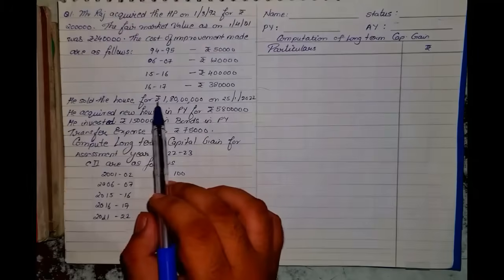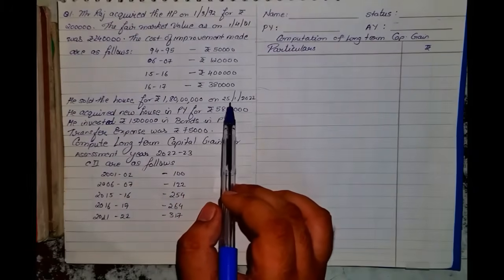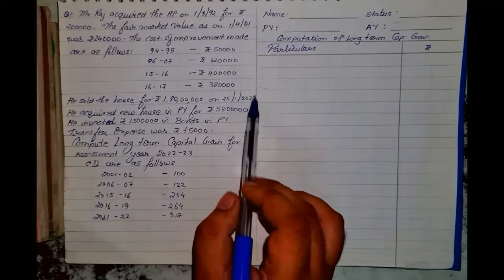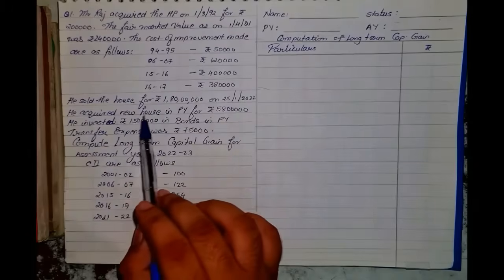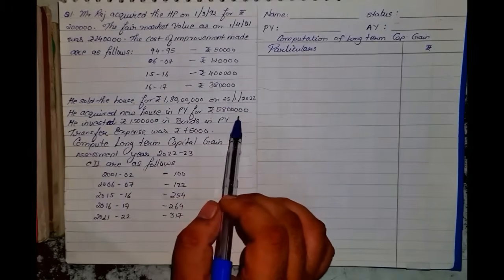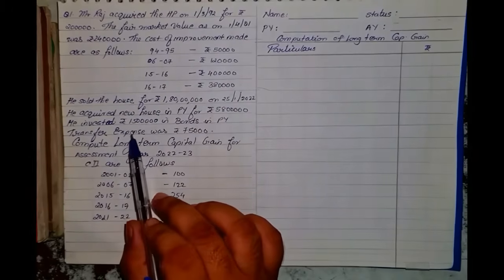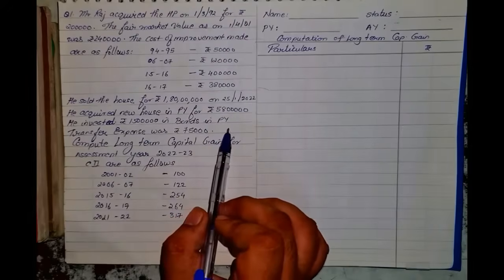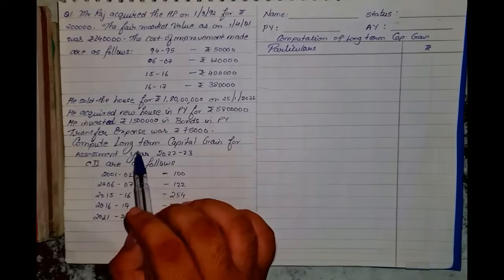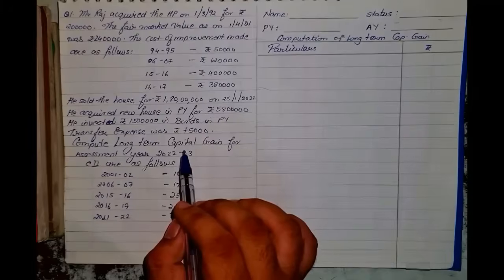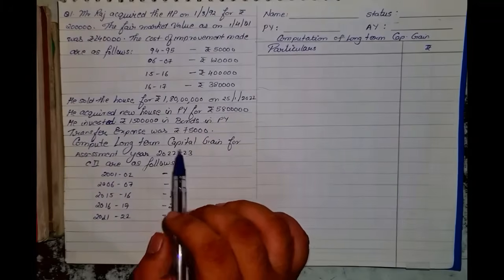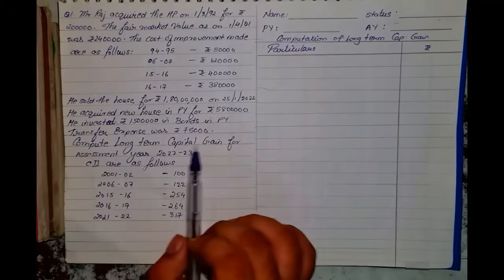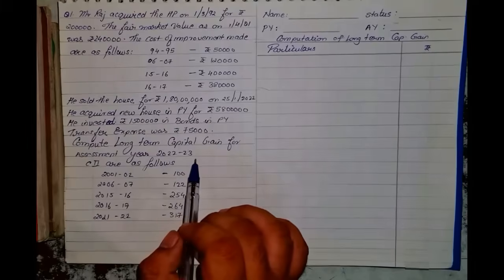He sold the house for 1 crore 80 lakhs on 25th Jan 2022, that is our previous year. He acquired a new house in the previous year for 58 lakhs. He invested rupees 15 lakhs in bonds in the previous year, and there were some transfer expenses of rupees 75,000. The question is to compute the long-term capital gain for the assessment year 22-23.